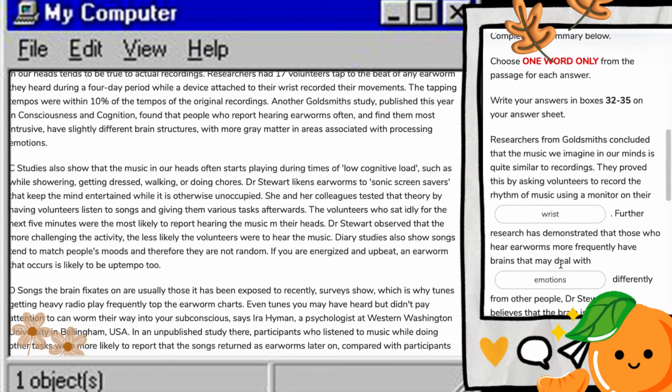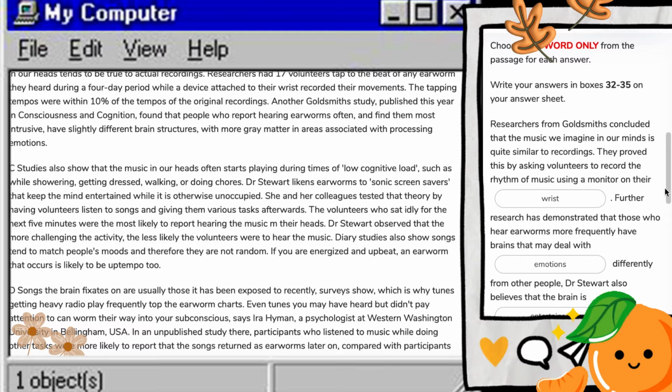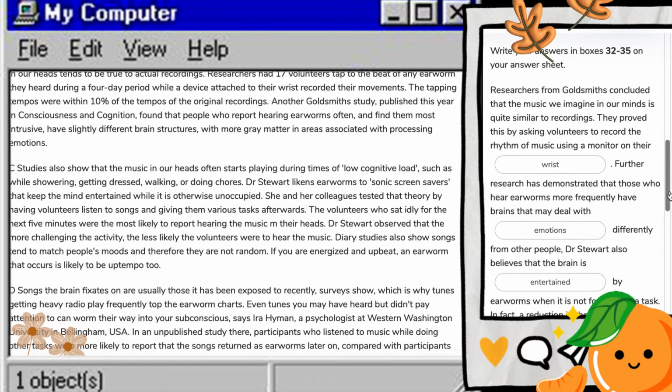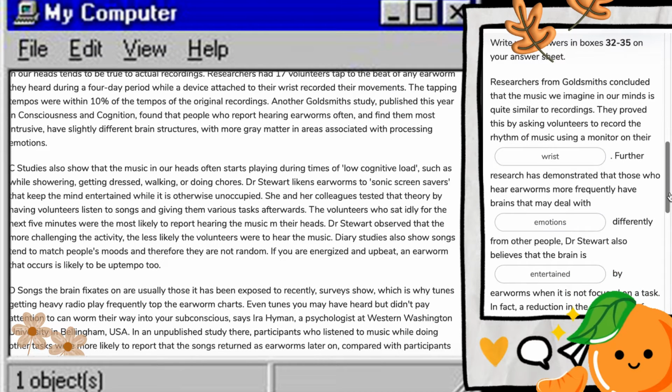Further research has demonstrated that those who hear earworms more frequently have brains that may deal with something differently from other people. So the keyword here is deal with. It's right here.